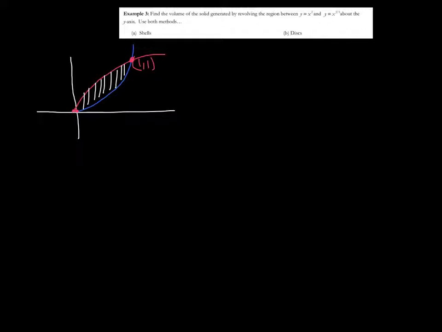And so our region that we are trying to rotate is this region right there. Okay, so we need to first do it by shells, rotating around the y-axis. Therefore, we need to draw a rectangle that is parallel to the axis that we are rotating. So we're going to call this point x1, y1, and then we're going to call this point up here x2, y2.